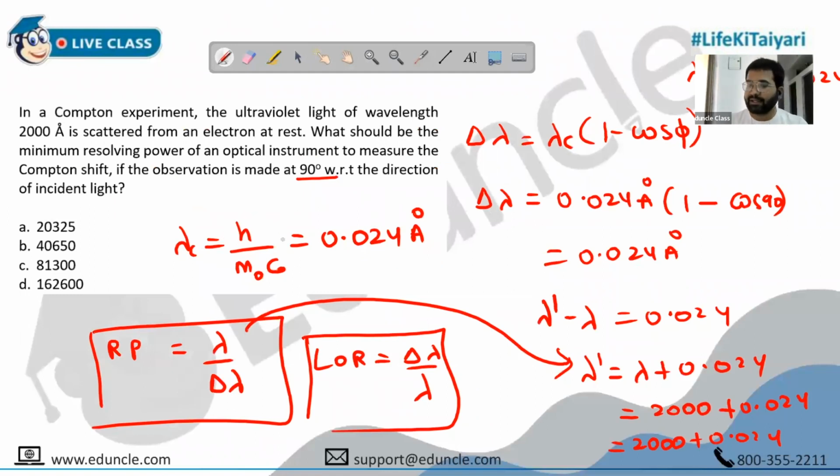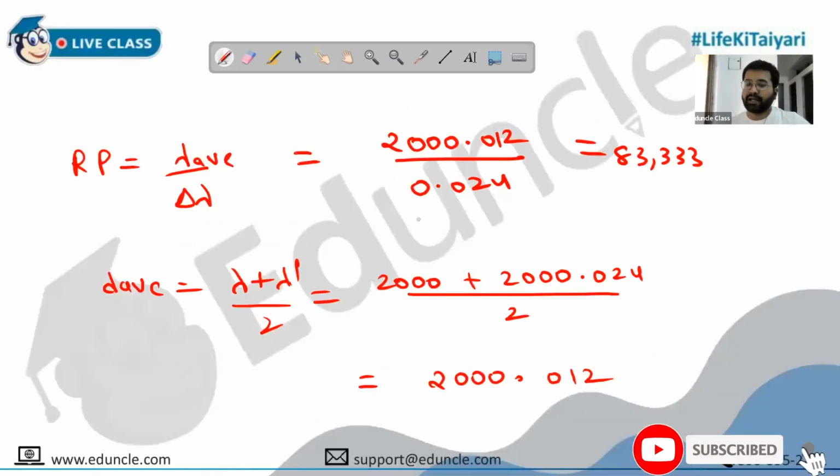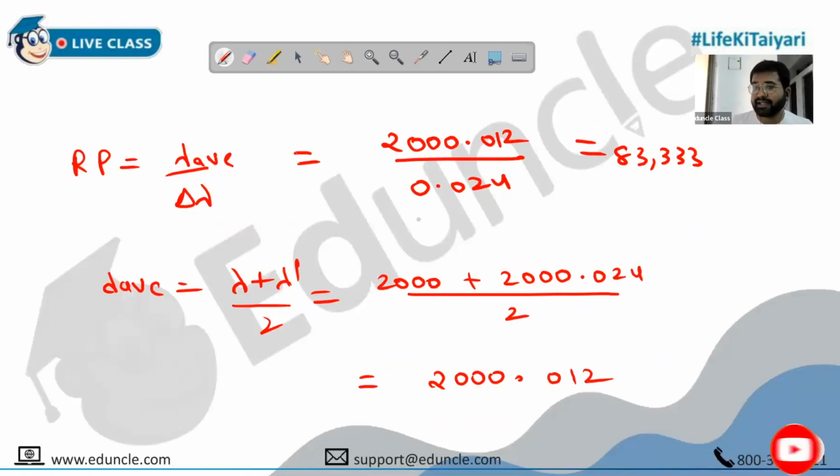If you calculate h upon m naught c properly, it will be 0.023 something, which we had approximated to 0.024. But the nearest answer is option C. So that is the answer. Or I think it was 0.0242 rather. I remember the third digit now. It was 0.0242. Ask me if you have any questions.